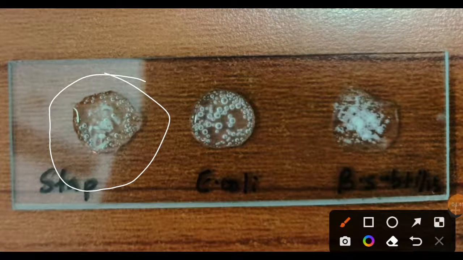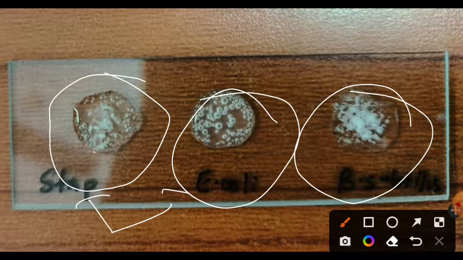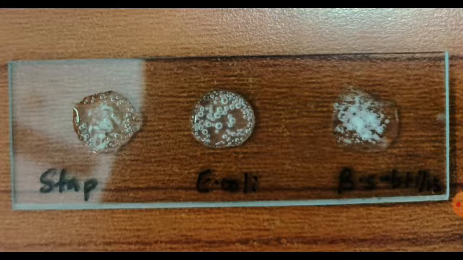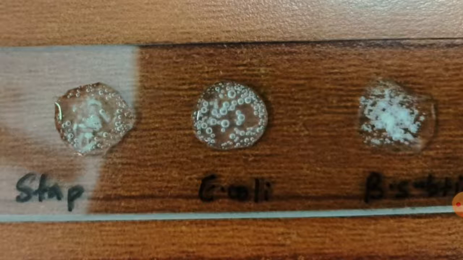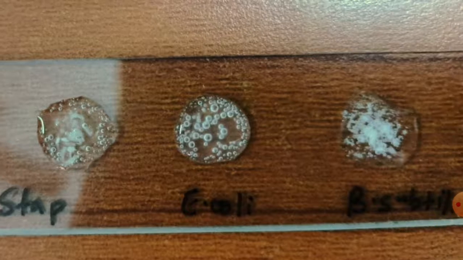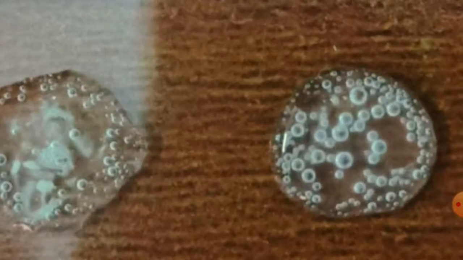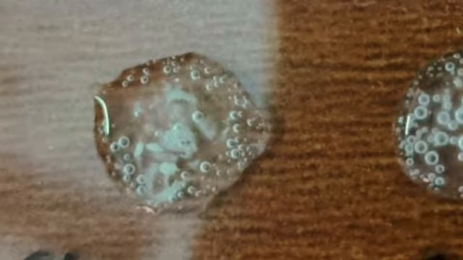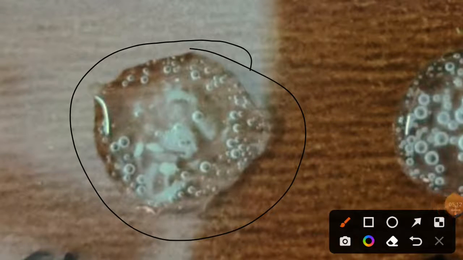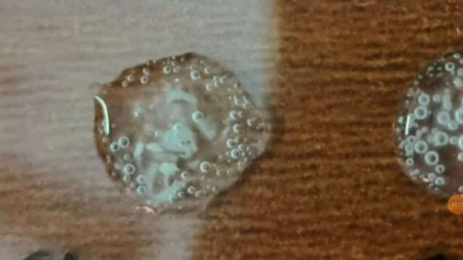This is an experiment that we performed in our university. Here we have used E. coli and Bacillus subtilis as other bacteria, so it is difficult to see the difference you would observe with Staphylococcus and other types of cocci. But I think you can understand clearly that such foam will occur for catalase positive bacteria.